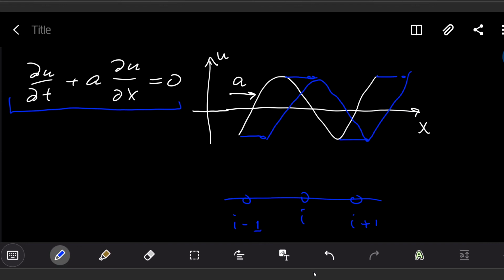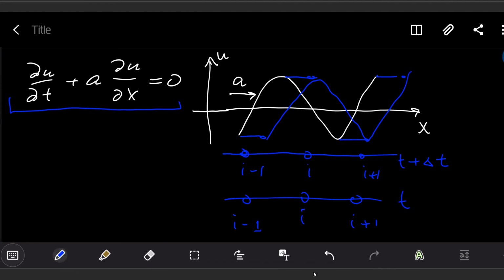For example, this is the time layer we are at now, and the next time layer, t plus delta t. We have absolutely the same space with absolutely the same points in x coordinate, but on the next time step. So it's coordinate i plus 1, i minus 1.